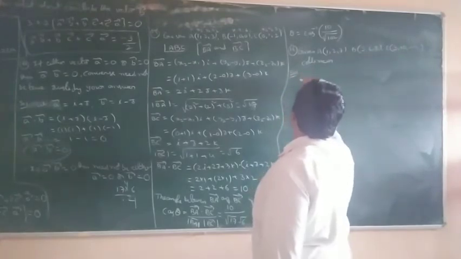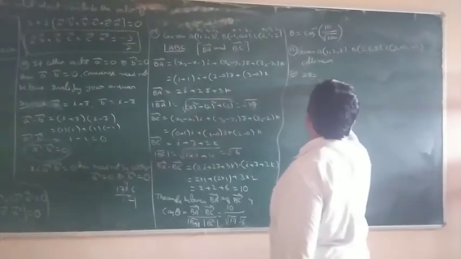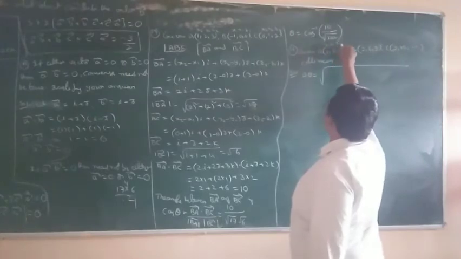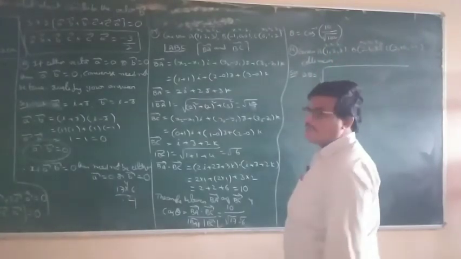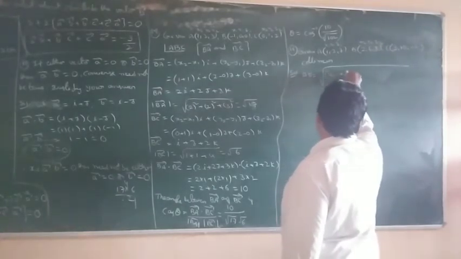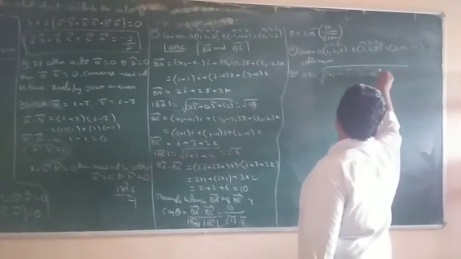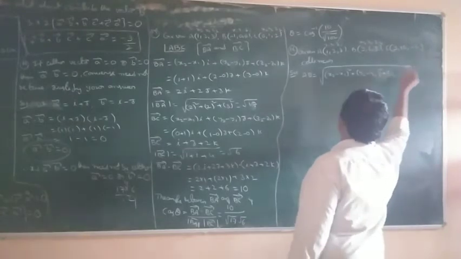Solution. AB is equal to, using the three-dimensional distance formula between the 2 points x1, y1, z1 and x2, y2, z2: root of x2 minus x1 whole square plus y2 minus y1 whole square plus z2 minus z1 whole square.